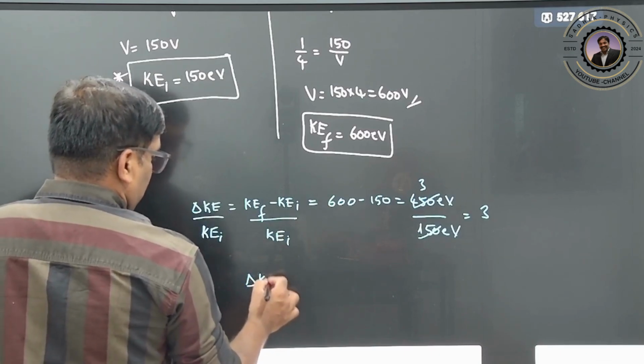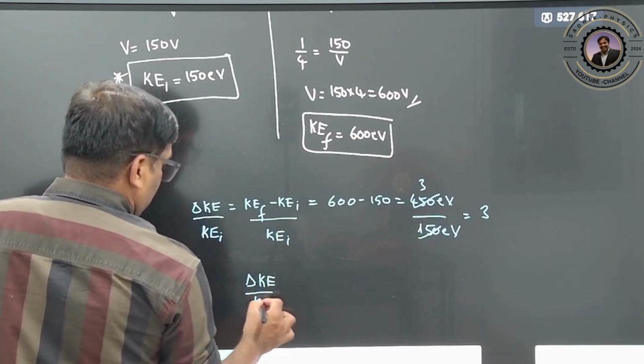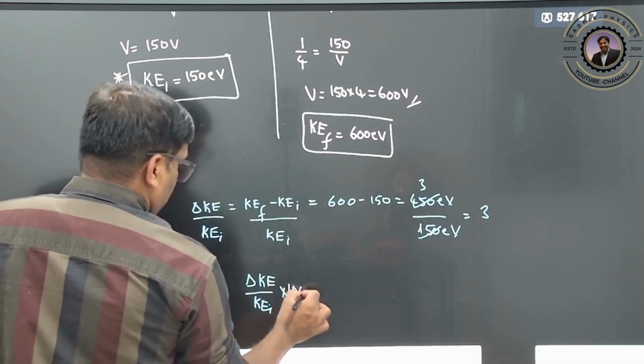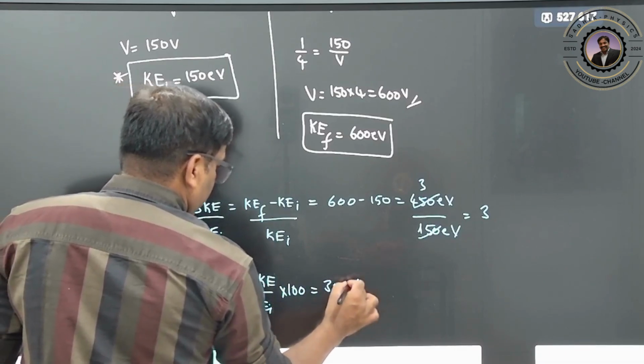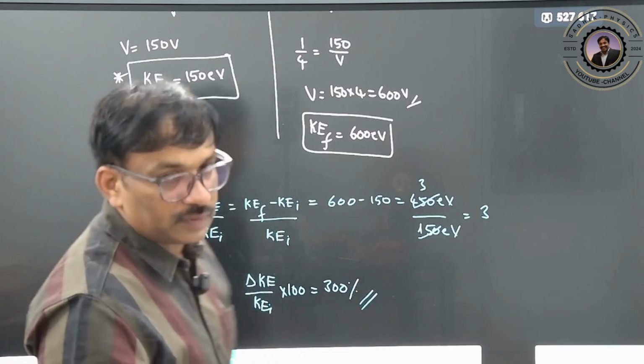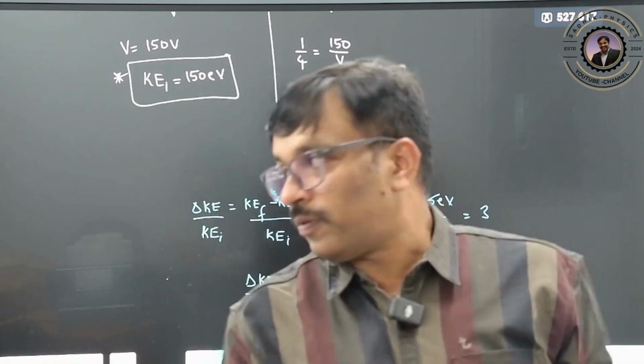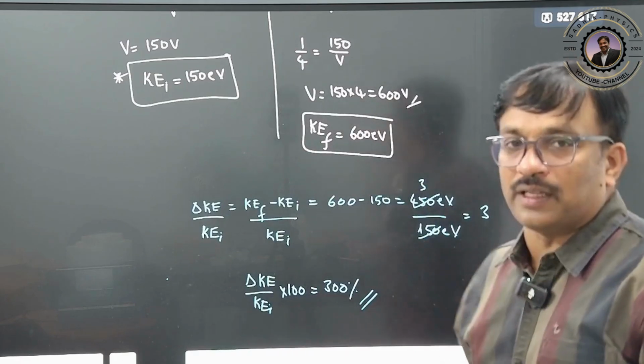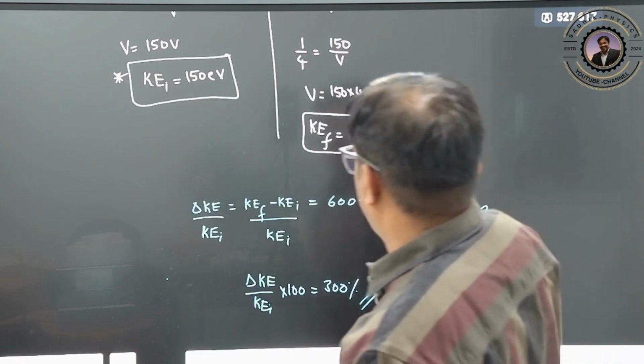Percentage change in kinetic energy is the change divided by kinetic energy initial, into 100, equal to 300%. So like this you can expect questions on this.